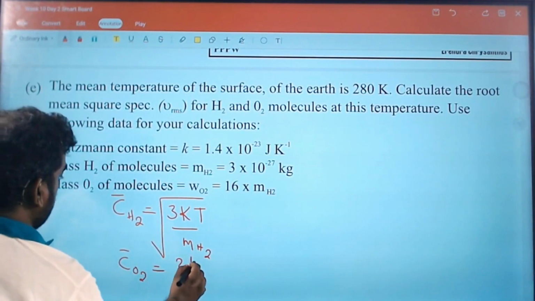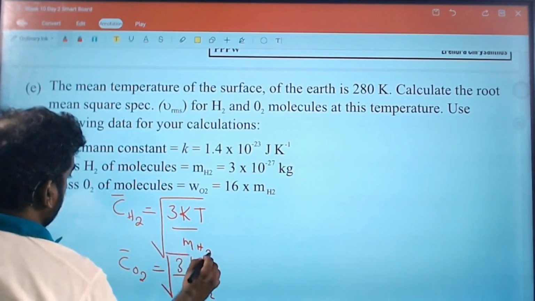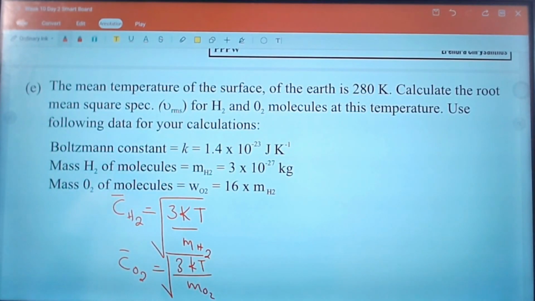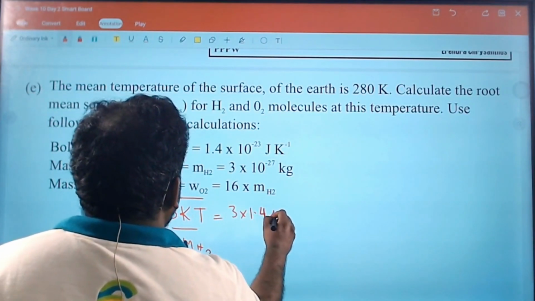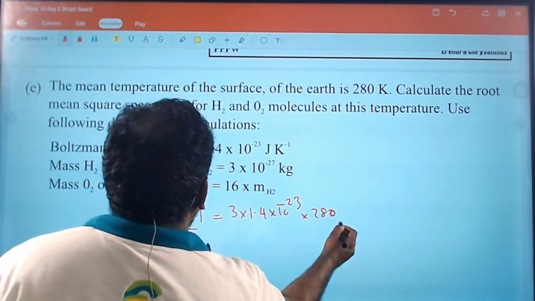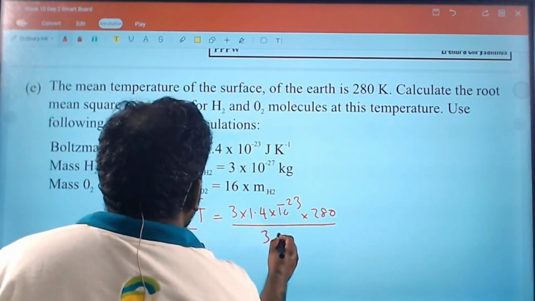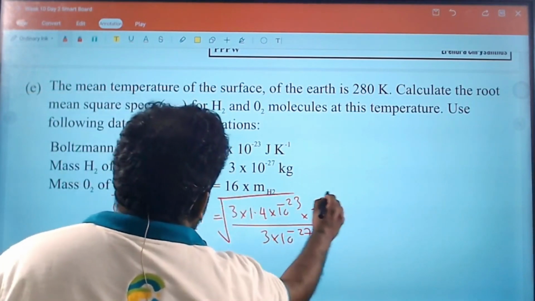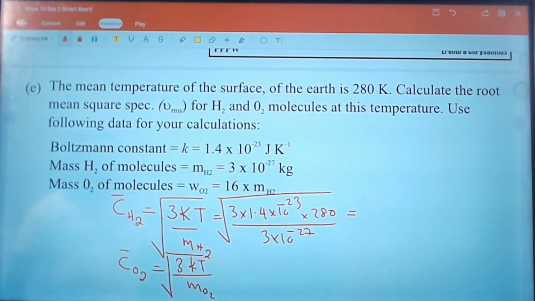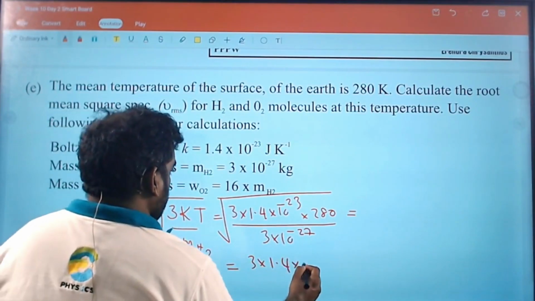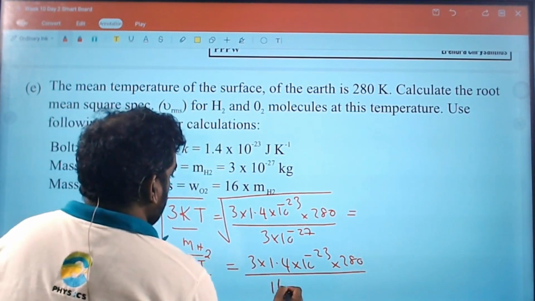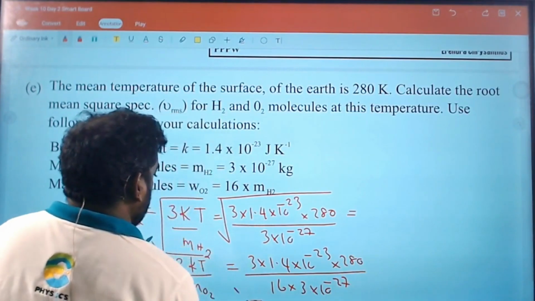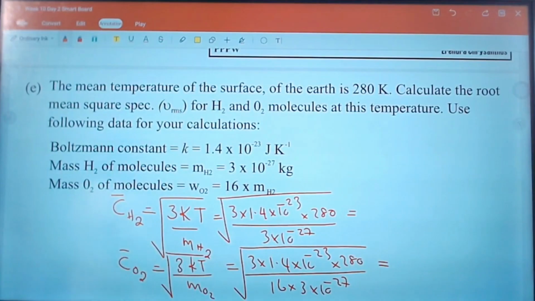Oxygen. 3 kT over M of O2. You can get two different speeds.